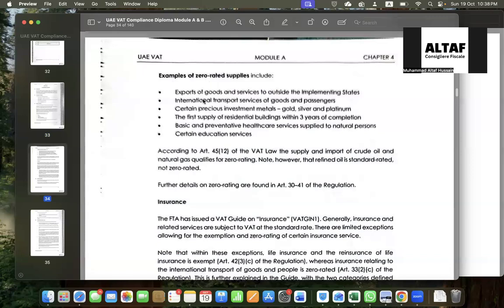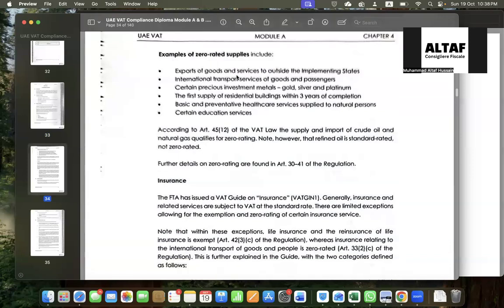Examples of zero rated supplies: export of goods and services to outside the implementing states. The key point for us to remember is this phrase, outside the implementing states. We have discussed this concept of implementing states before, and I'm going to repeat it for you. Implementing states are only those GCC countries which have implemented the VAT law.